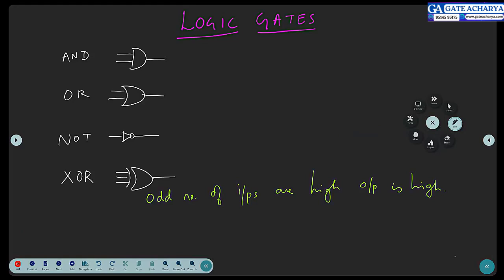Maybe you can give a name ABC. Output. Truth table of a 3-input XOR gate. Always truth table should be in an ordered form. 0, 0, 0, 0, 1, 0, 0, 1, like that, ordered form.